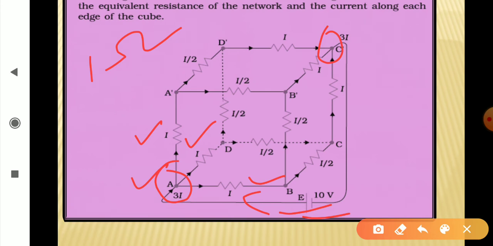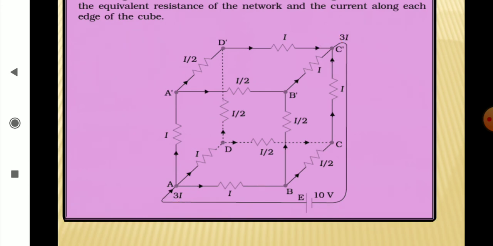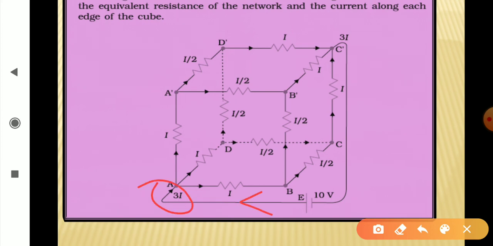So for the sake of simplicity, we have taken the current drawn from the battery as 3I. So I goes along AA dash, I goes along AD, and I goes along AB.